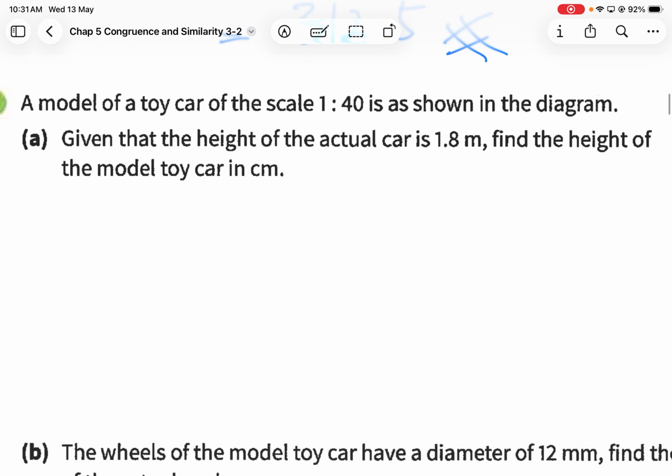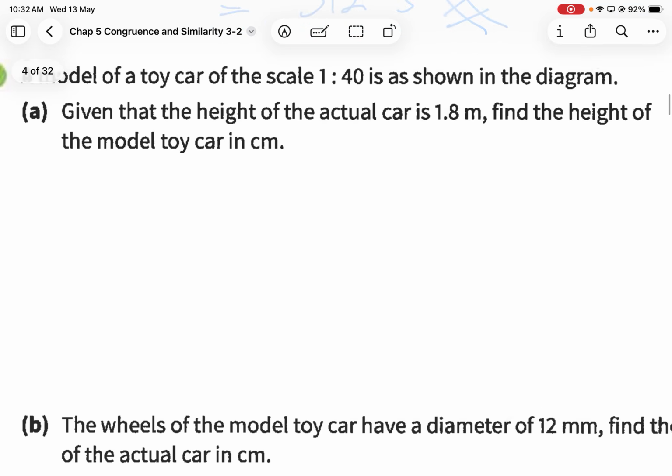Okay, so the height of the actual car is 1.8 meter, means the real car is 1.8 meter. How tall is the toy car? The scale is 1:40, means if it is 1.8 meter, now it is 40 times shorter. Okay? So how do we find the height of the model car?